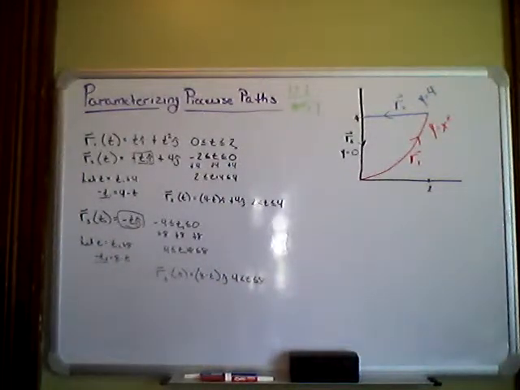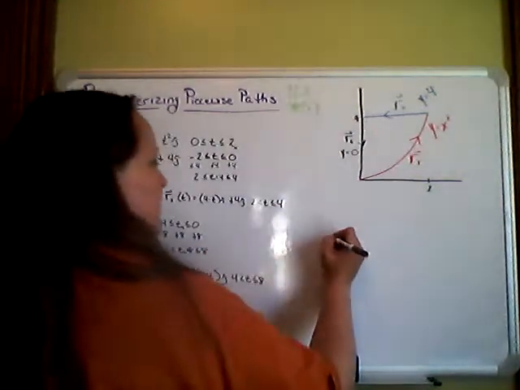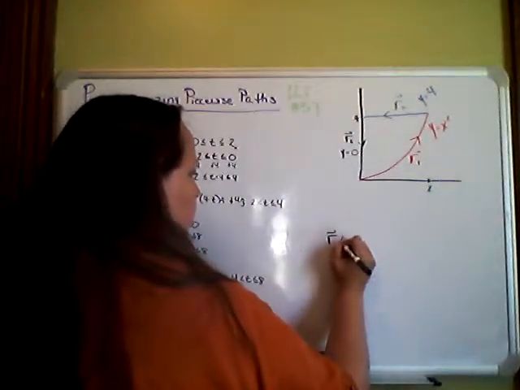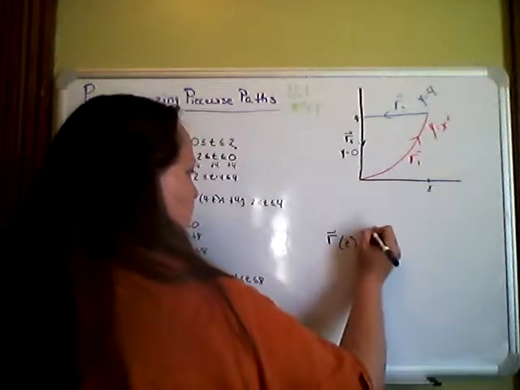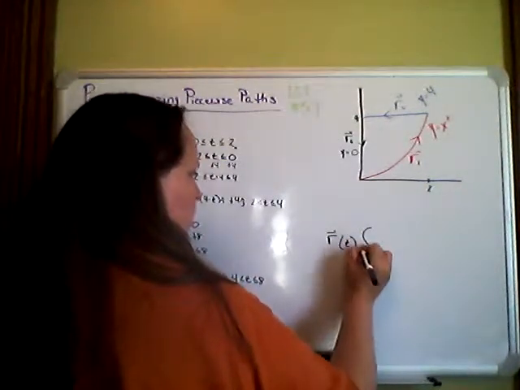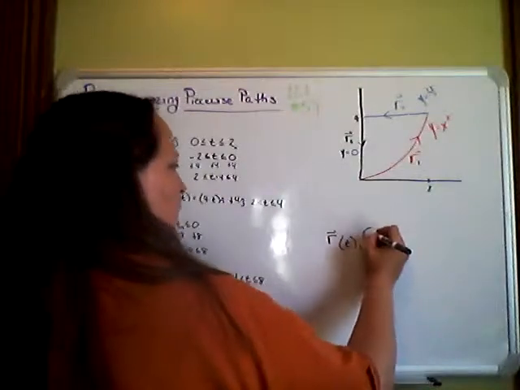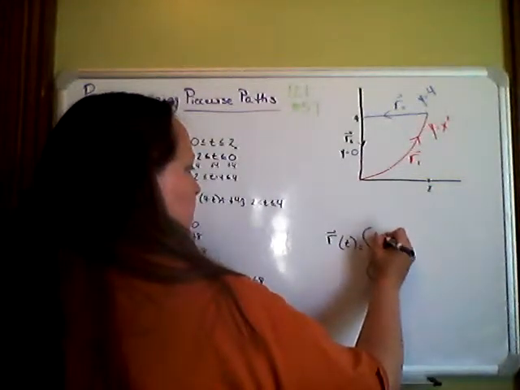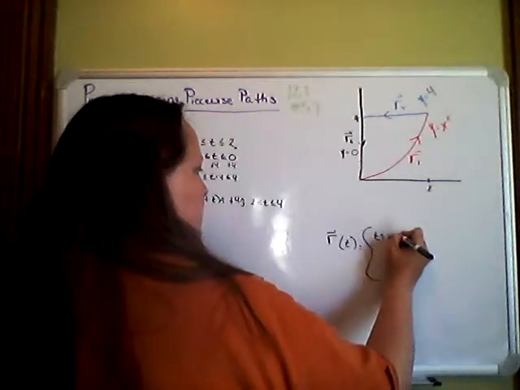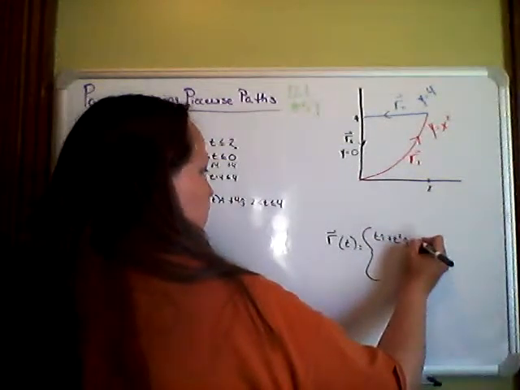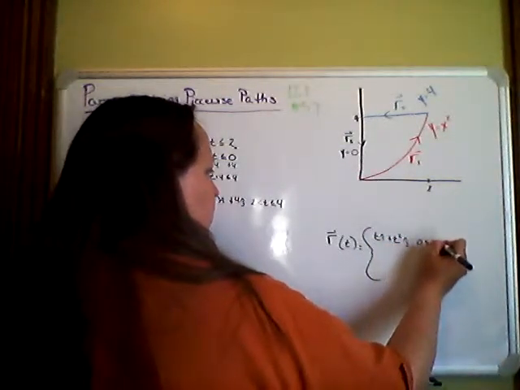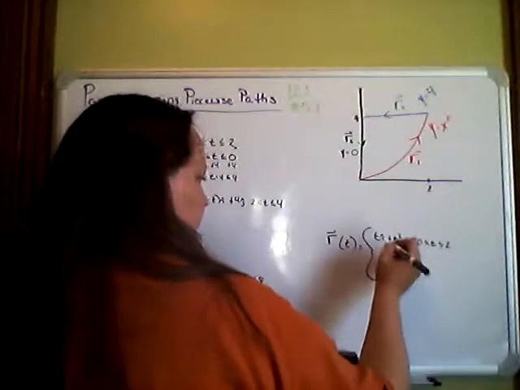So now we have our three separate pieces of our function. And so what we're going to do is put them all together in a piecewise. So we'll set it up like this. And we start with our R1. So t i plus t squared j from 0 to 2.